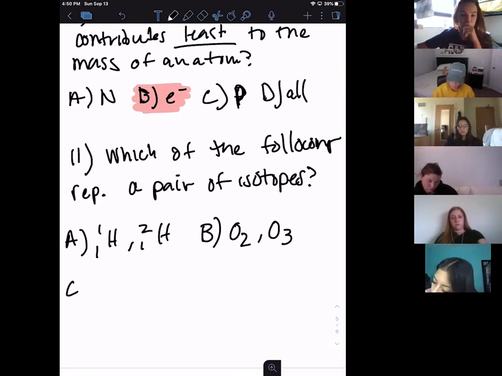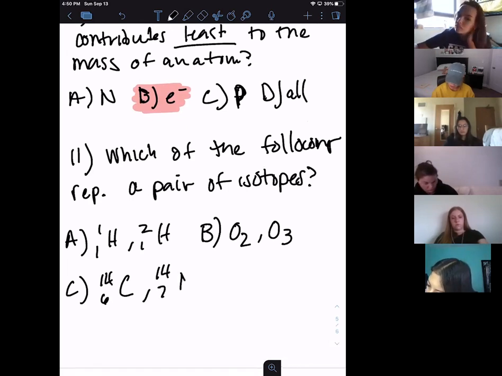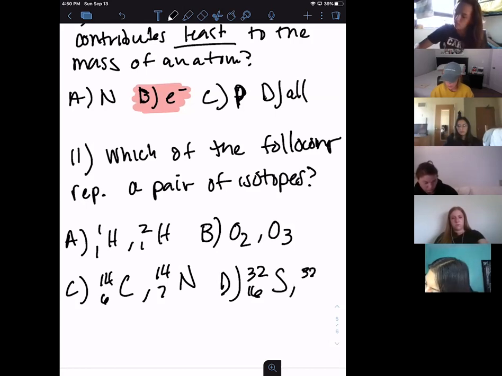Are those isotopes? 14,6 carbon and 14,7 nitrogen. Are those isotopes? Or 32,16S and 32,16S 2 minus. Okay, first of all, if you see anything wonky like that, please don't choose it.